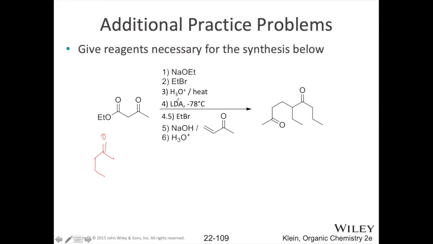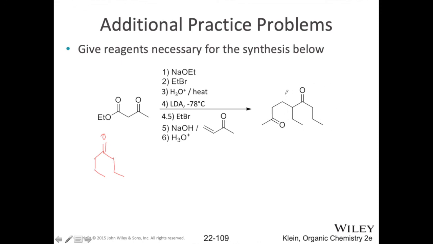So that's why we're using LDA at a low temperature. If we were tacking on another alkyl group here, we would use sodium hydride at room temperature. But instead, we want to deprotonate here. So we're going to use LDA at a low temperature, and we're using ethyl bromide, and that tacks on this extra alkyl group, this extra ethyl group, to make this half of our product that we're trying to get.